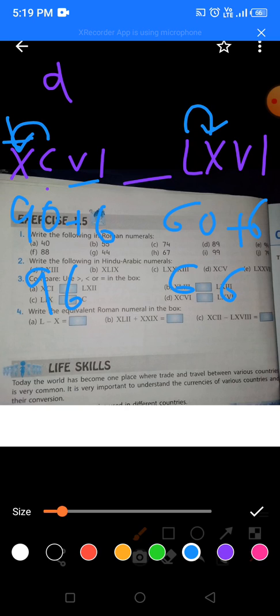So you all know that 96 is greater. Yes, 96 is greater. So this will be the greater number sign here. Yes children. So I hope this is clear to you and you have no confusion in this question.